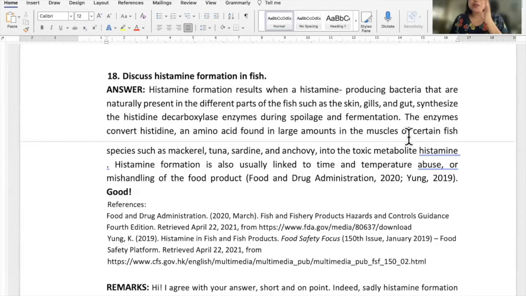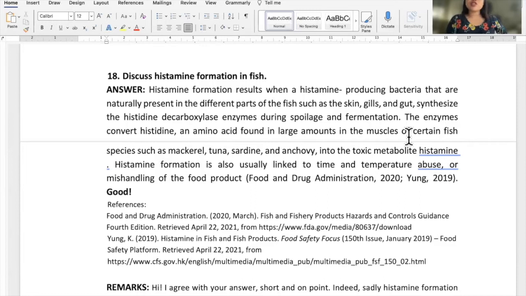Histamine formation is only prevalent in species that have naturally high amounts of histidine. At tandaan nyo na kapag walang histidine or mababa yung histidine doon sa sample na yon, hindi rin magkakaroon ng mataas na histamine formation. Ayan.